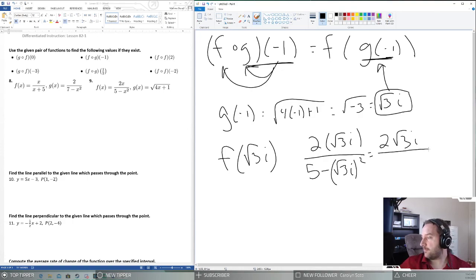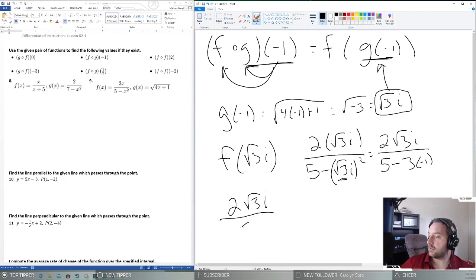On the bottom, root 3 squared is 3. i squared is -1. So a negative and a negative is a positive. So I'm going to get 2 root 3i over, well, this is going to be 5 plus 3. So that's going to give me 8. The 8 and the 2 reduce. So you get root 3i over 4.